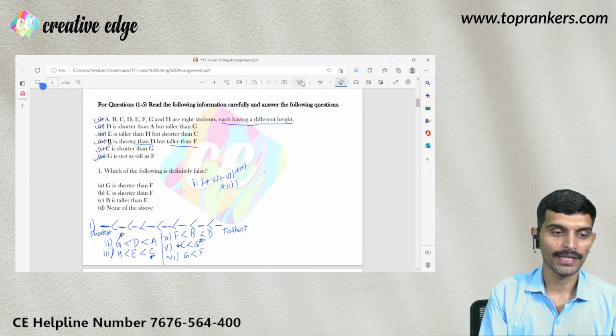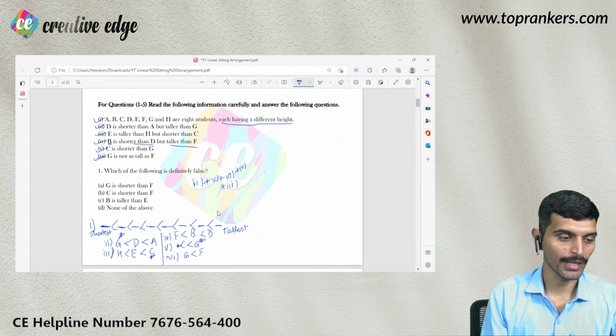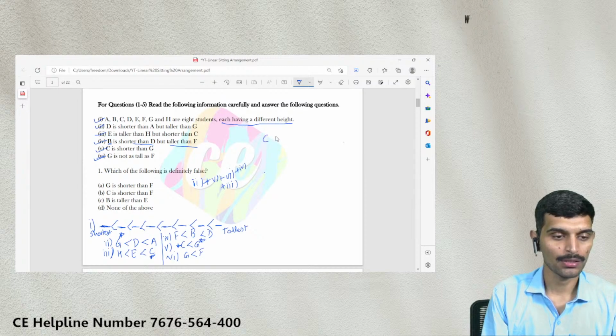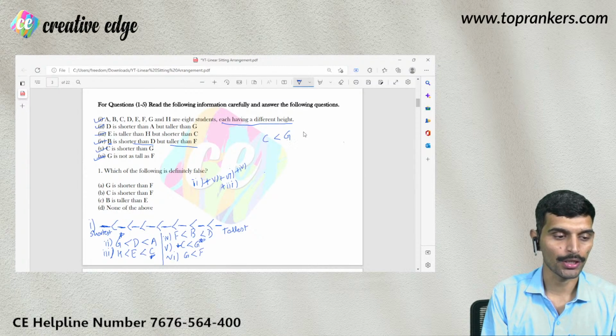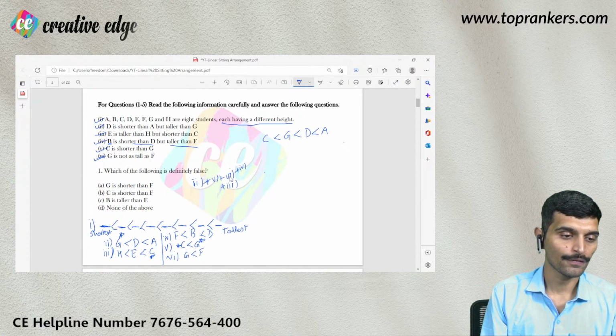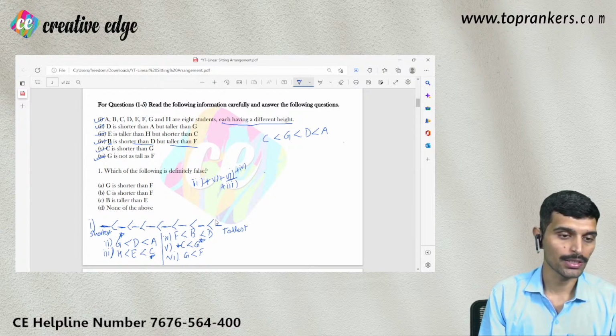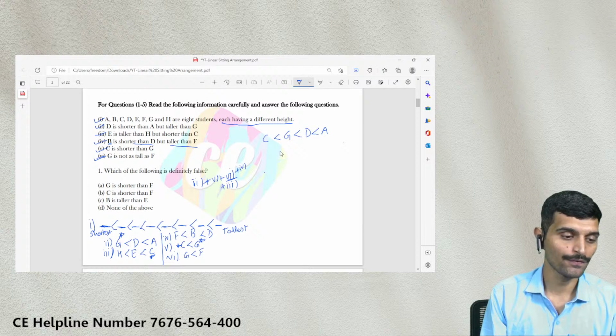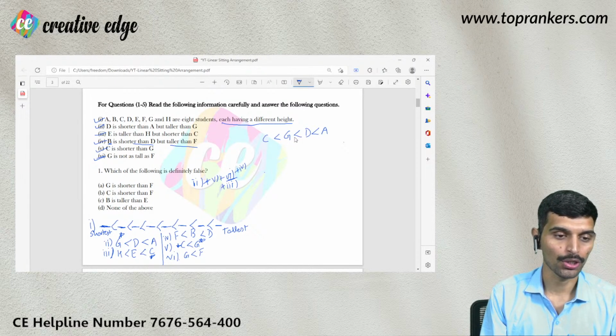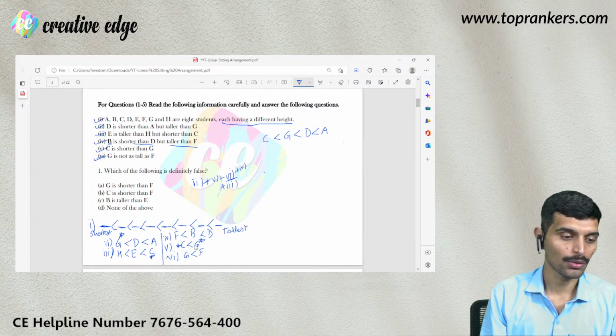Now let's combine clue number two, that is G, D, A, with clue number five, that is C. So if I combine, C is shorter than G, G is shorter than D, D is shorter than A. After this, I am going to combine clue number six, that is, G is shorter than F. But what about F?